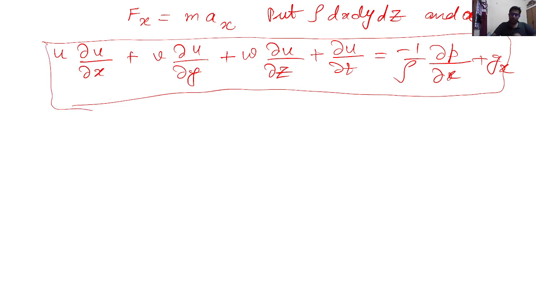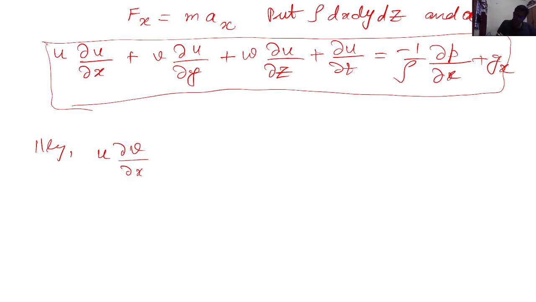That is why all the velocity components are u here. Let us similarly write the Euler's expression in the y direction and in the z direction. So those expressions would look like this: u times del v by del x. It's very easy.